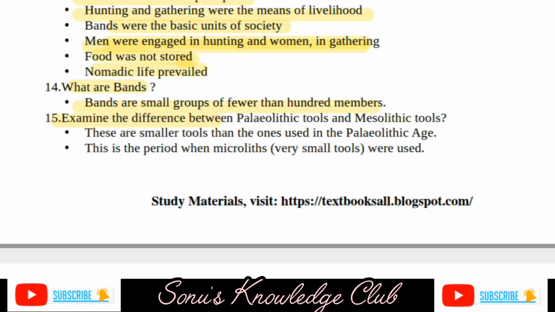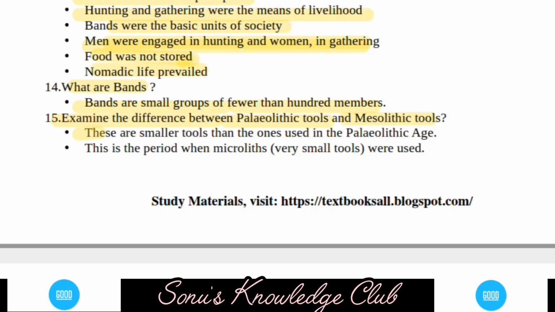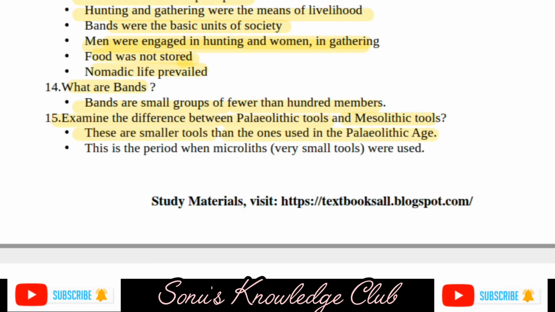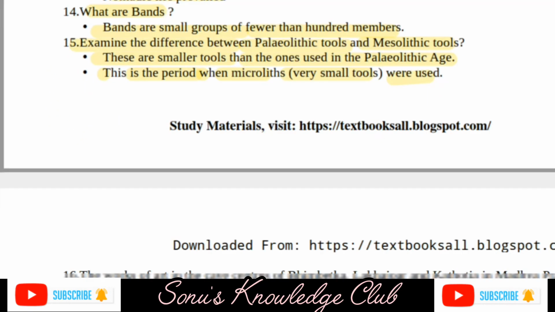Examine the difference between Paleolithic tools and Mesolithic tools. These are smaller tools than the ones used in the Paleolithic Age. This is the period when microliths were used. Small tools were used.